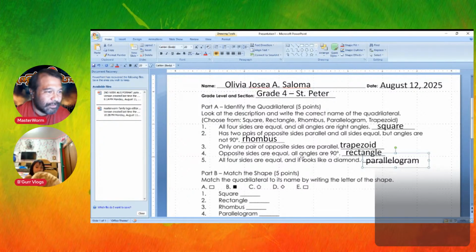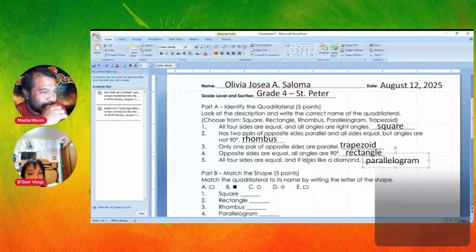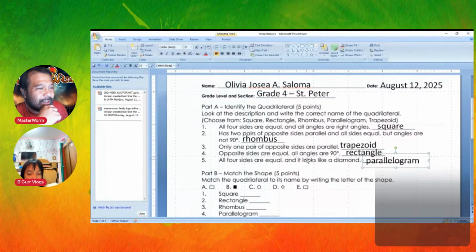The number two, bigger, can you check it there? The number two has two pairs of opposite sides parallel and all sides equal, but angles are not 90 degrees. The answer is rhombus also. Okay, and then the next is parallelogram. All sides are equal. Looks like a diamond.